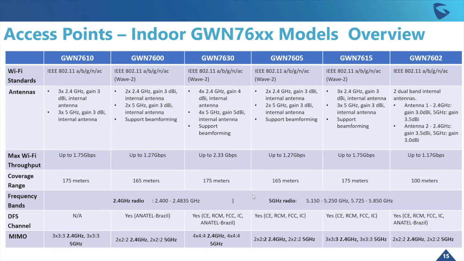The antenna gain is basically an indication of how strong a signal an antenna can transmit and receive, and that's something that you can also adjust from the web interface of the access points, where you can use high, medium, or low transmission power.